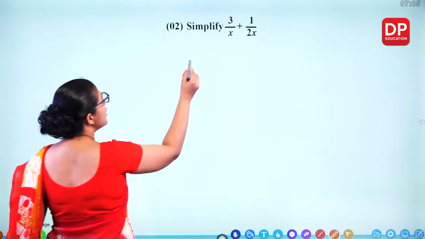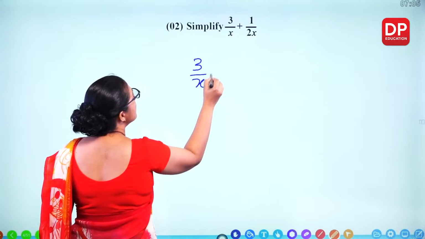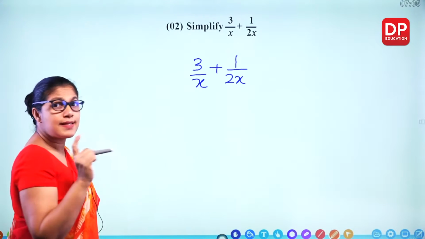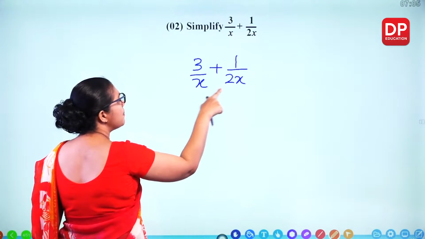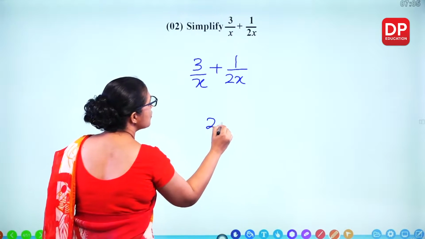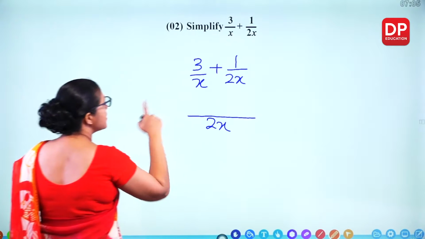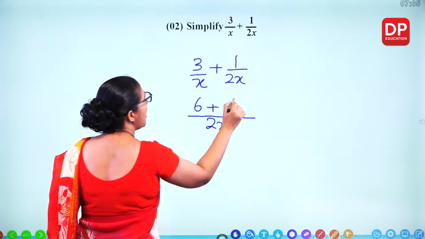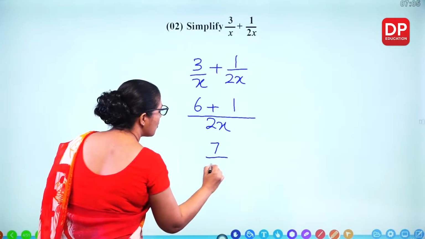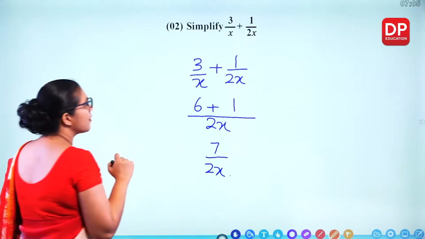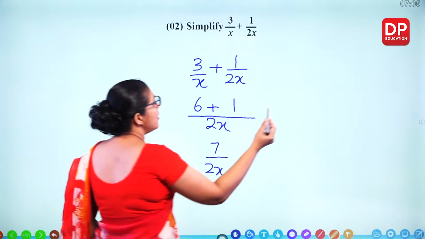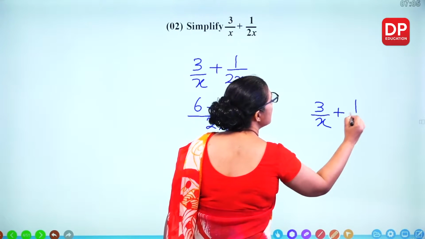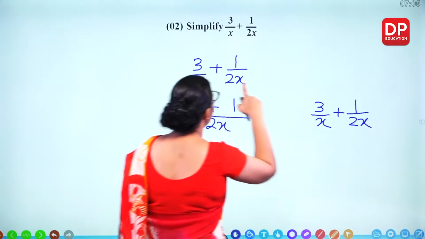Simplify. This is algebraic fractions. Make the same denominator, the lowest common multiple of x and 2x, that's 2x. Convert it, multiply by 2, 2 times 3 is 6, and 1, you get 7 over 2x. Sometimes you can do it separately, but it's easy when you write it this way.